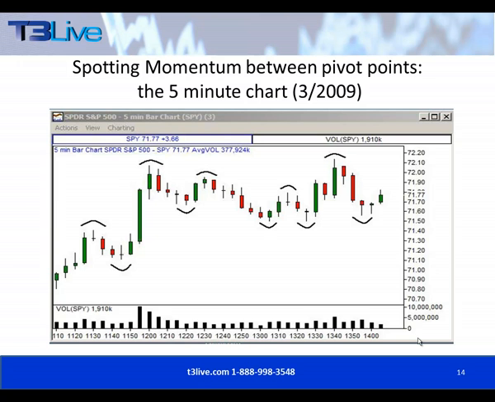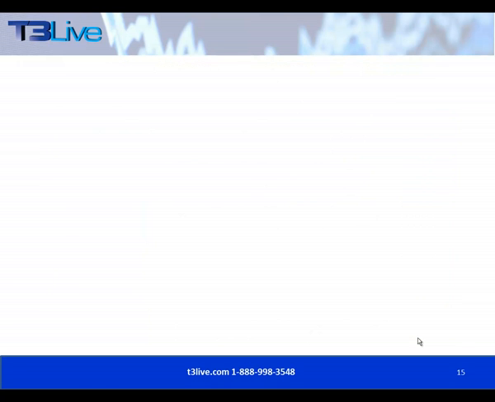Now, your key to trading this is you want to identify when short-term pauses have ended to initiate a momentum trade in the direction of order flow. That's the key there. Now, we're not going to get into entry strategies and that kind of thing here.